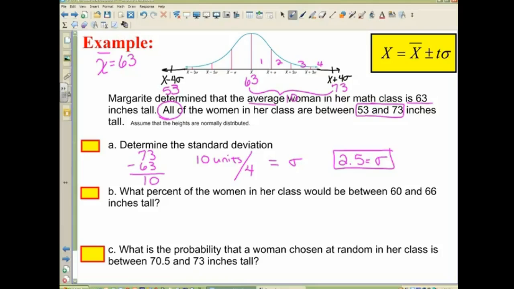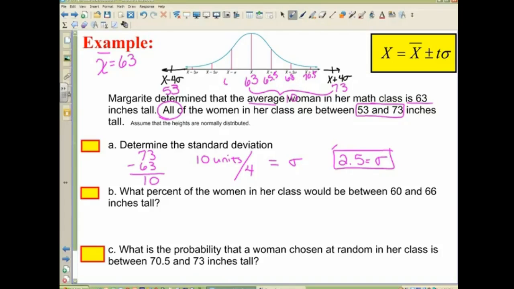Okay, so I'm going to erase this. If I were to sketch my graph at this point, I could say this is 65.5, add my 2.5 standard deviations, and I would be at, let's see, 68, 70.5, and then up to that 73.